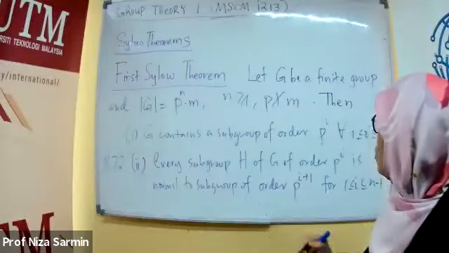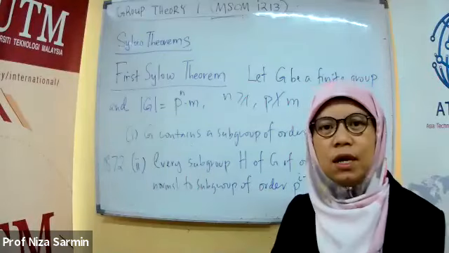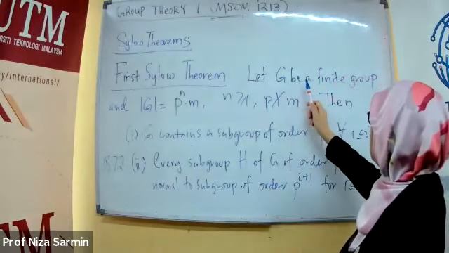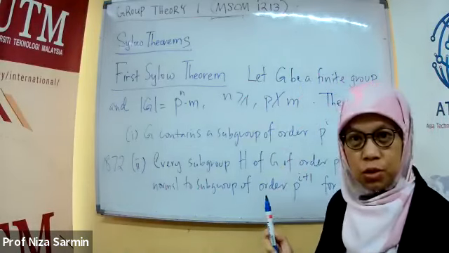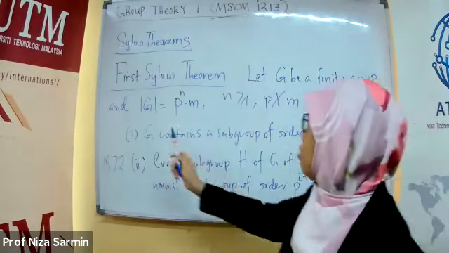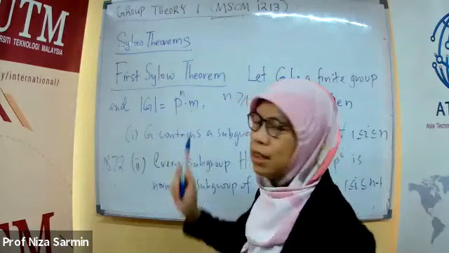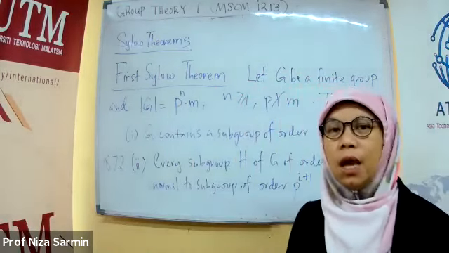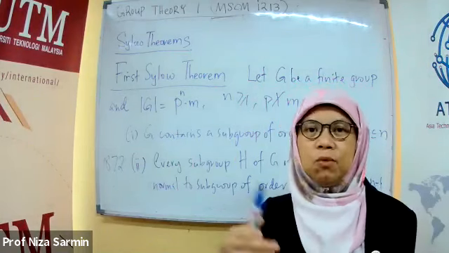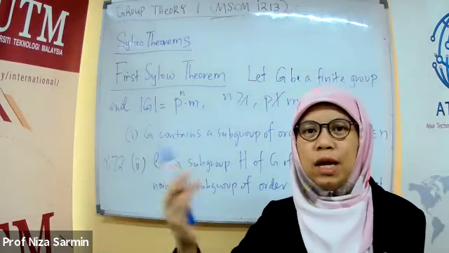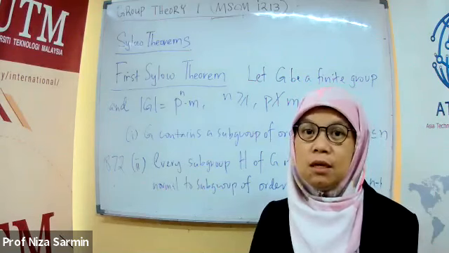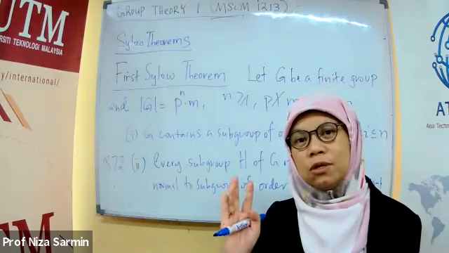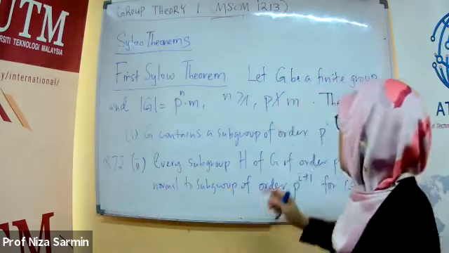So what does it mean? Read very carefully. Let G be a finite group, so it's not infinite, of order p^n m. Instead of writing p^n m, you can even write p1^n1, p2^n2, until pk^nk. But we want to concentrate on just one p.